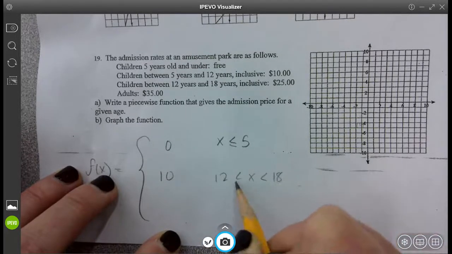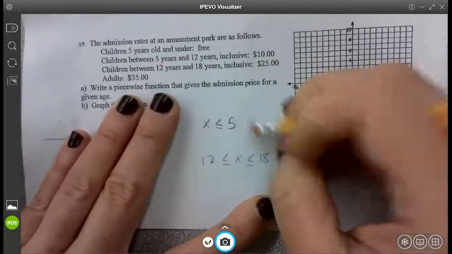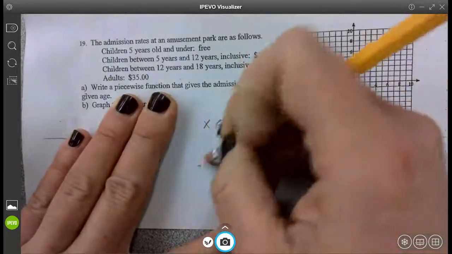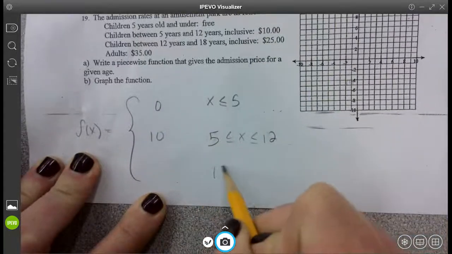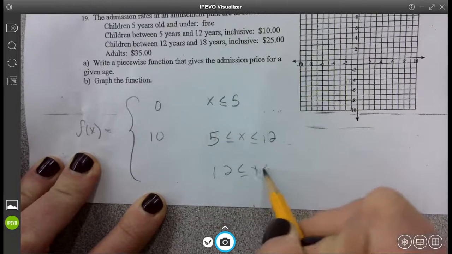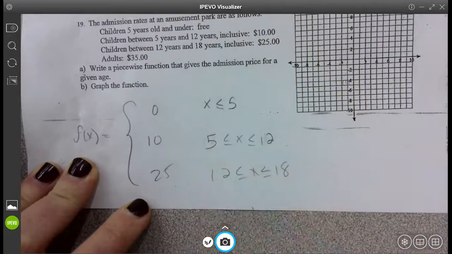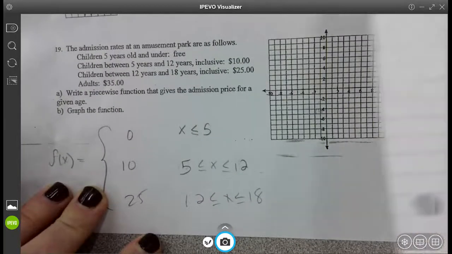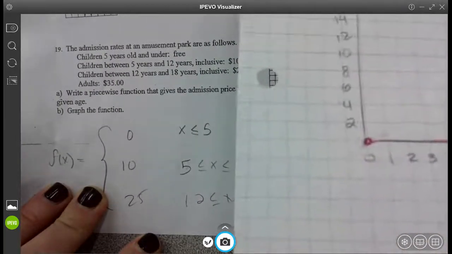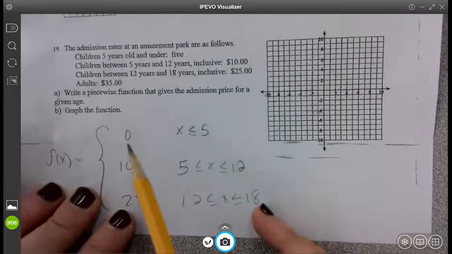It says inclusive, meaning including. If you are between 12 and 18 years inclusive, then you are $25. So you go to your graph. Like I said, I made another graph going by 2s and then by 1s on the bottom.